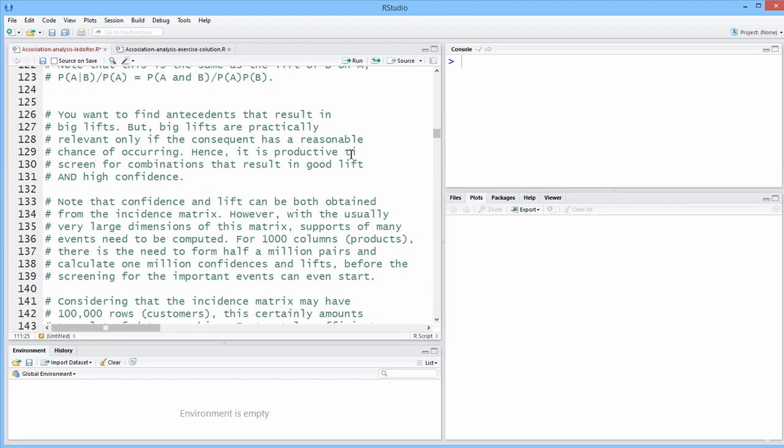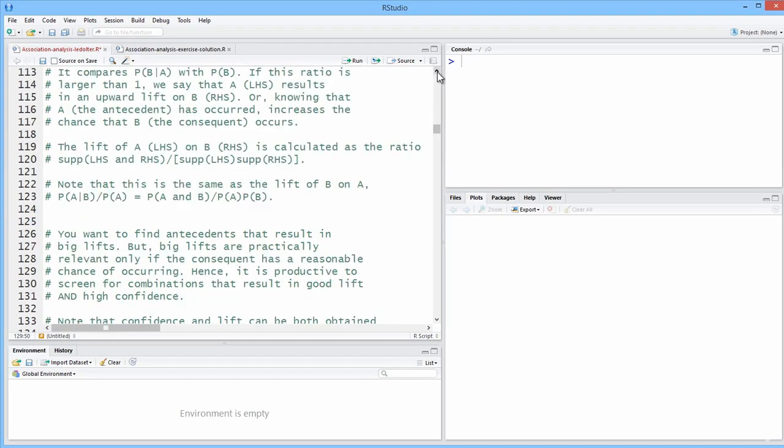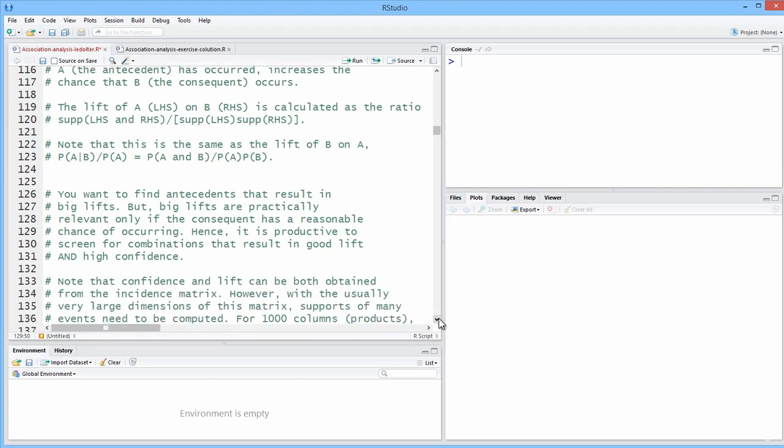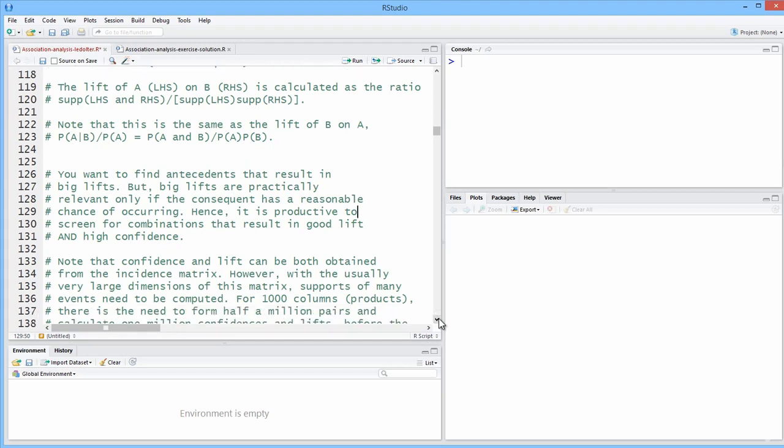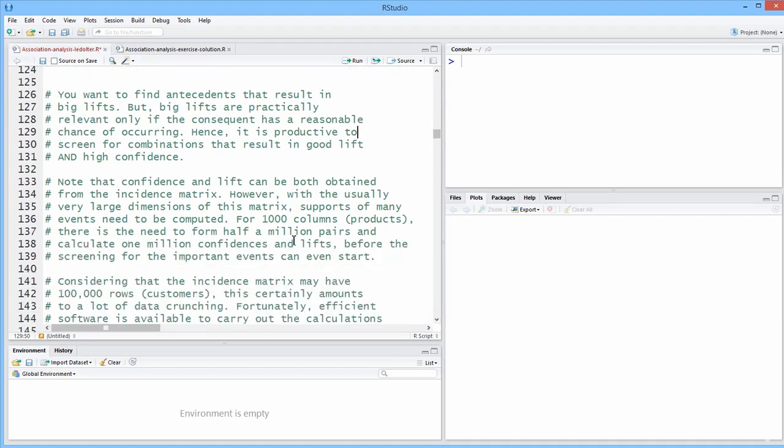Now, you can compute confidence and lift quite easily, as we can see from these strict ratios. You can just use support measures, which are just proportions, to determine them. And you can also determine support relatively easily if you only have one item on the left-hand side and one item on the right-hand side.